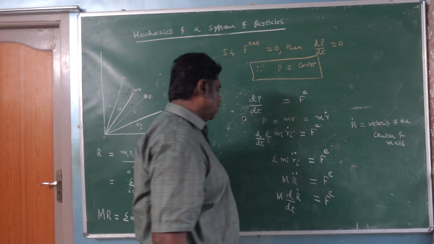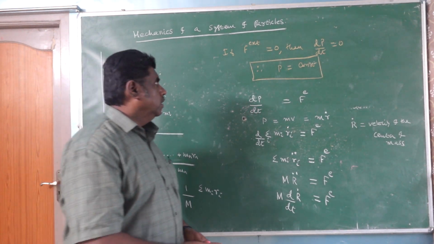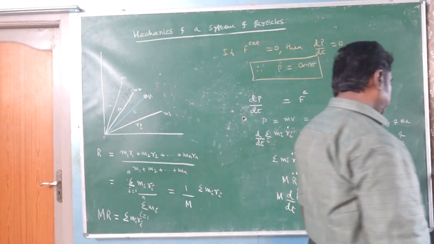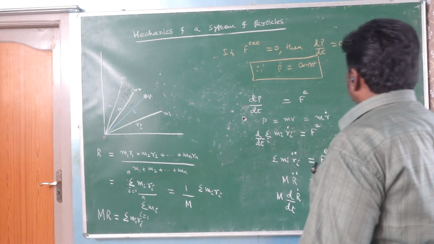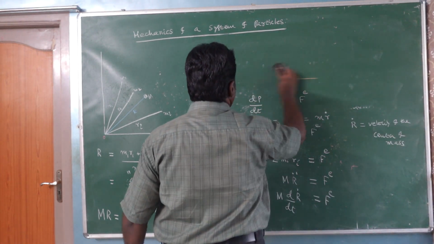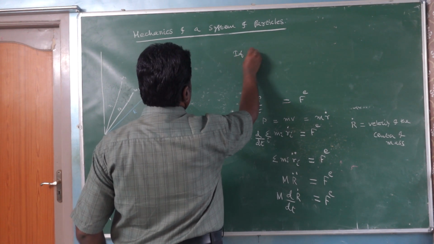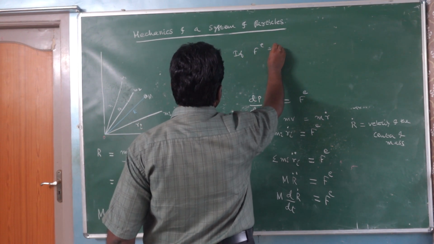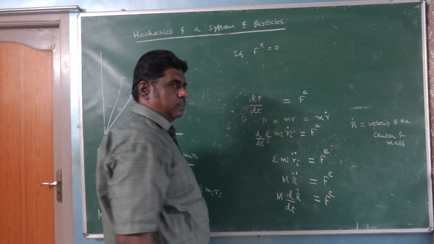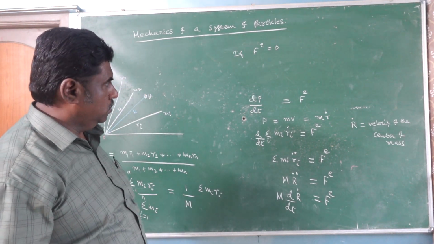Now we may get another conclusion. If Fe equal to 0, that means external force acting on the system is 0.